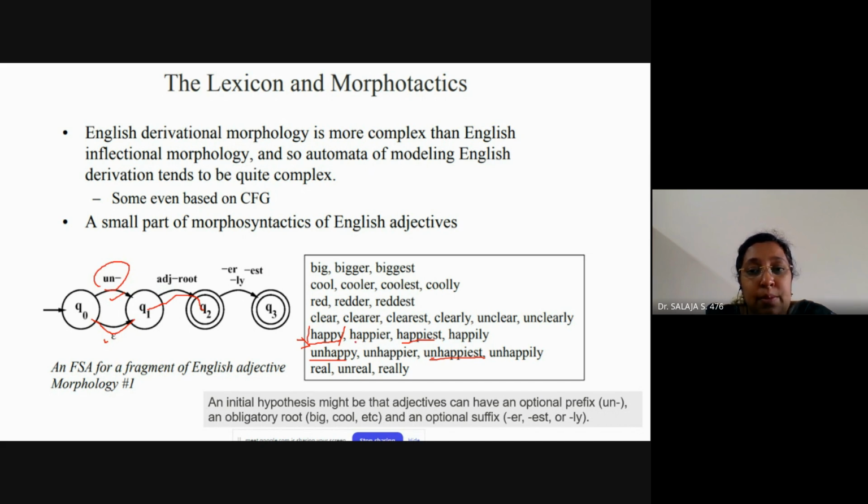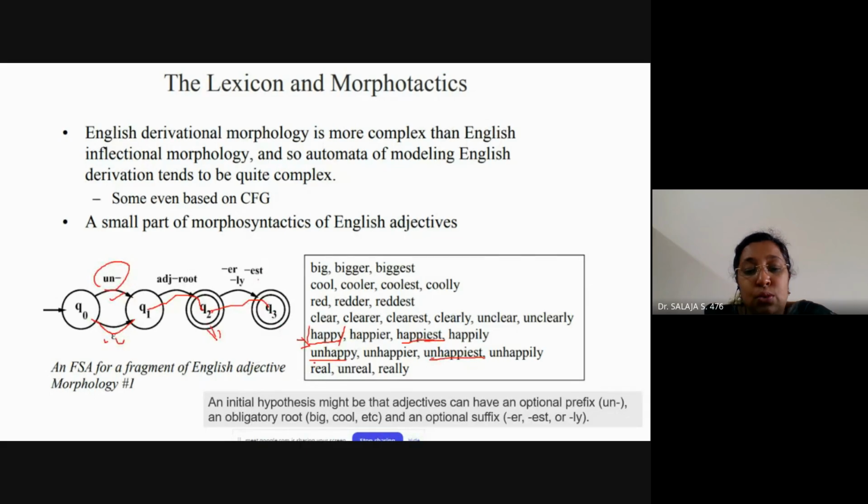And I don't have any suffix to it, and therefore we have reached the final state. The output is happy. Now we are talking about happiest. So it moves from Q0 to Q1 again on epsilon, then the adjective root to Q2. There I don't stop now, because I have another morpheme which is a suffix, est. By reading est, y gets converted to i and you move on to Q3.